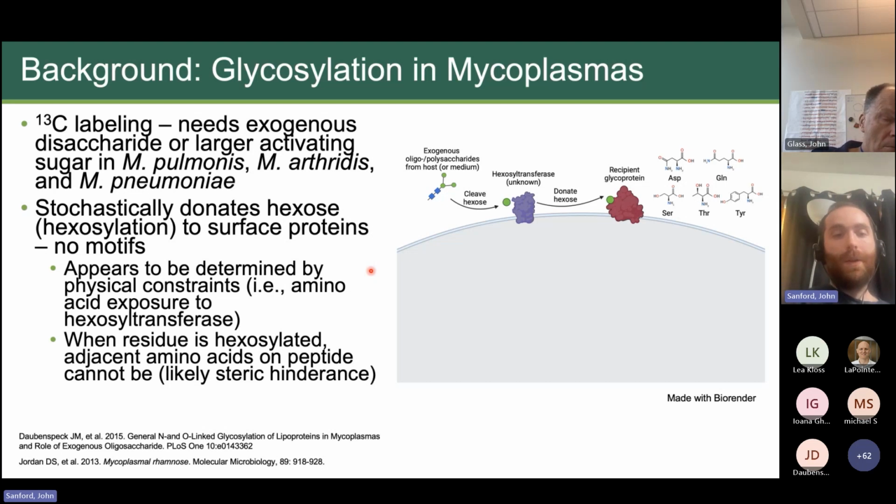We haven't found any evidence of a sequence motif like you typically see in a glycosylation system. And instead, it seems to be governed more by the actual biophysical constraints of a protein. So basically, is an amino acid residue available on surface proteins for this hexosyl transferase, an enzyme that we don't know what enzyme it is yet.